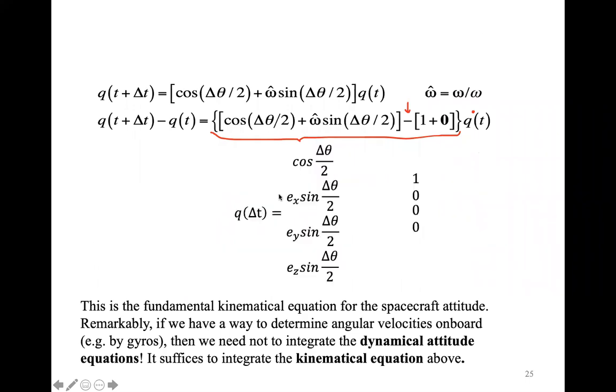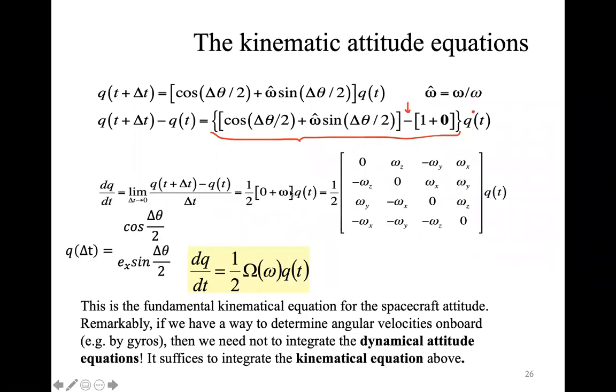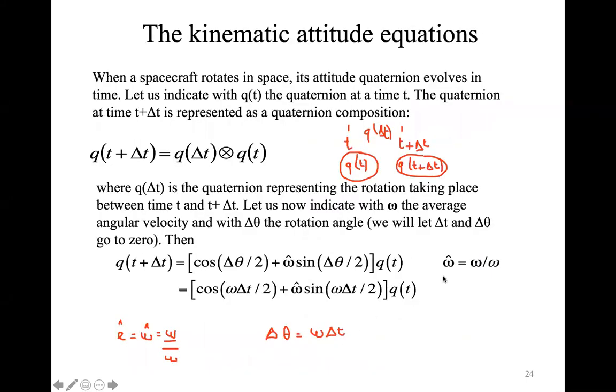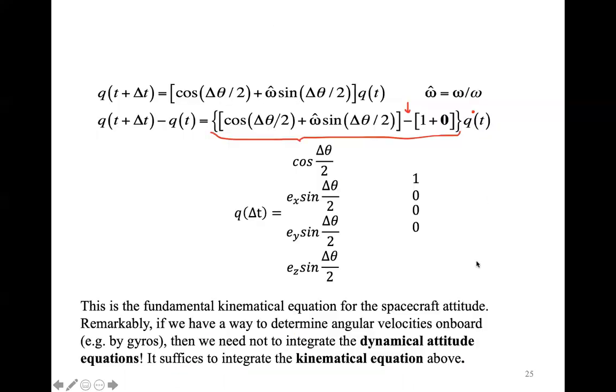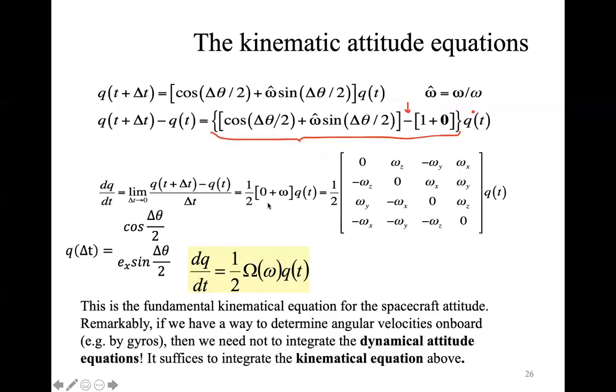This one is not really affected because if delta t tends to 0, this one tends to the angle. So you have that this vector is indeed the omega that we have written here. So this formula here is exactly what I have written for this one.